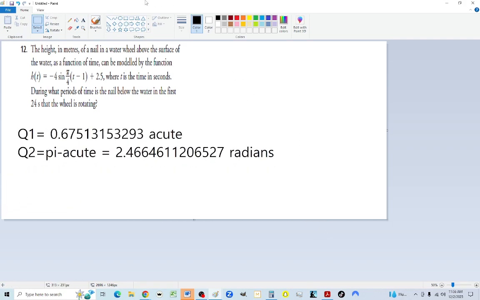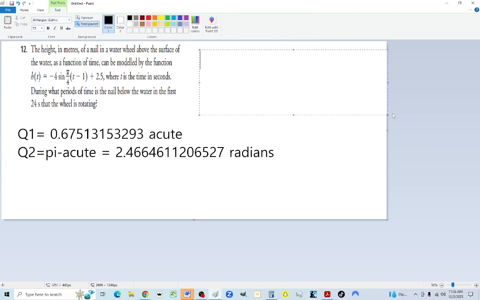Now we bring back the angle formula. Quadrant 1, 0.675132 is equal to the angle. But we said, we converted the angle. The angle is actually pi over 4 times t minus 1. How do we solve this? We have to solve the outside first.